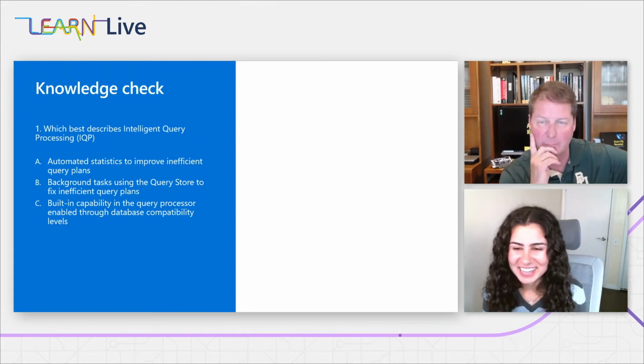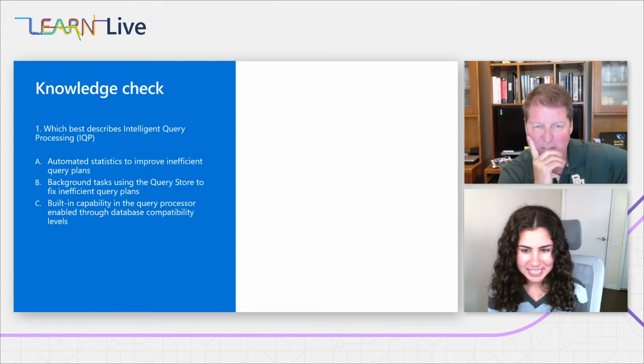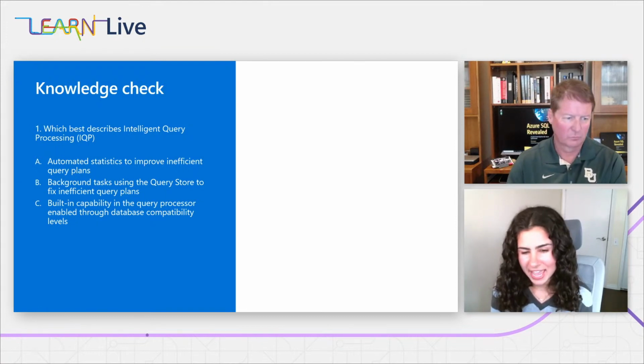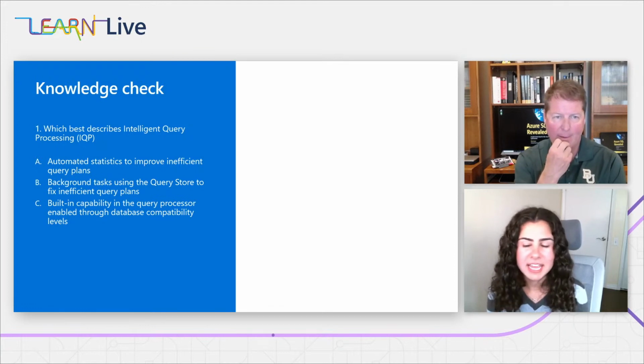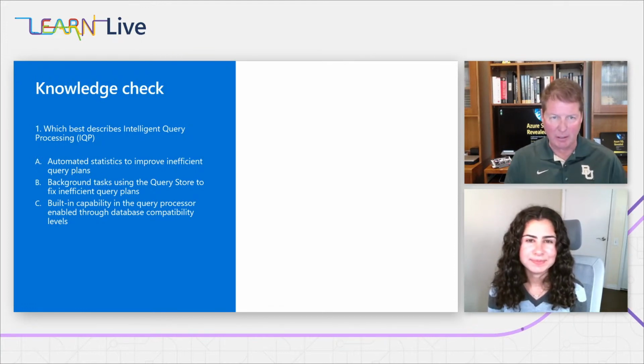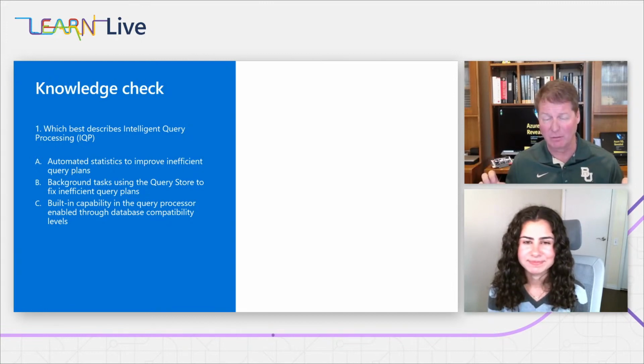Let's see what's happening. What is everybody saying, Anna? It looks like most people are saying C, and then a few people are saying A. Bob, you want to go ahead and take people through it? Sure. Remember, IQP is query processing in the query processor, and the way you light this up is through database compat level.